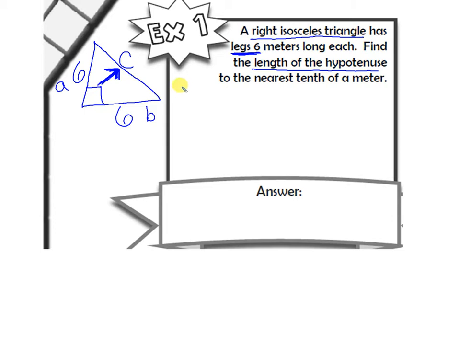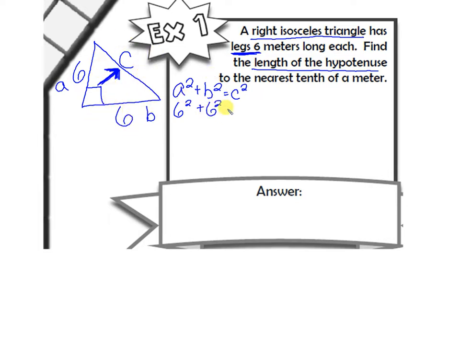The Pythagorean theorem says that A squared plus B squared equals C squared. I'm always going to start out writing the blank formula. Now we're going to plug in. Instead of saying A squared, I'm going to say 6 squared because the A side was 6 meters long. Instead of saying B squared, I'm going to say 6 squared because the B side was 6 meters long.